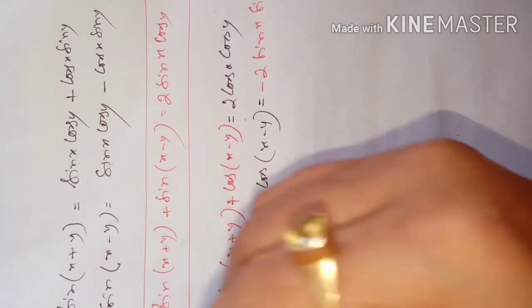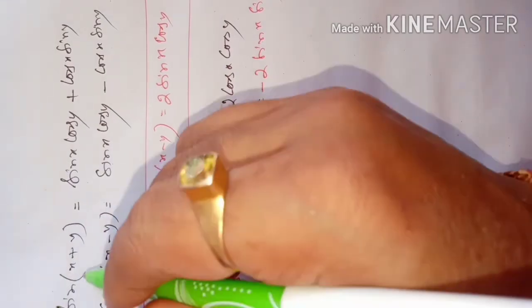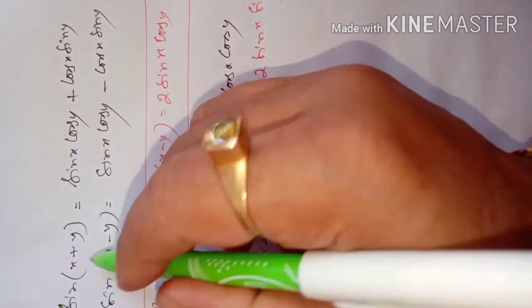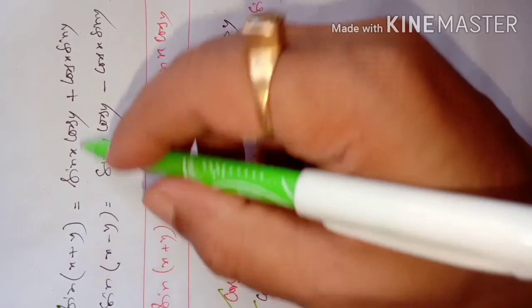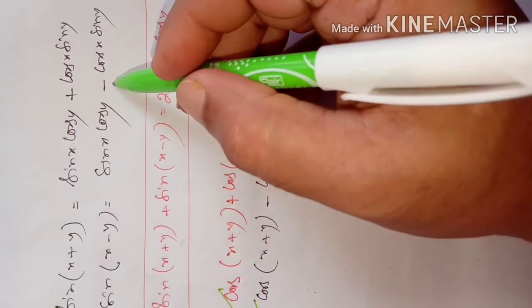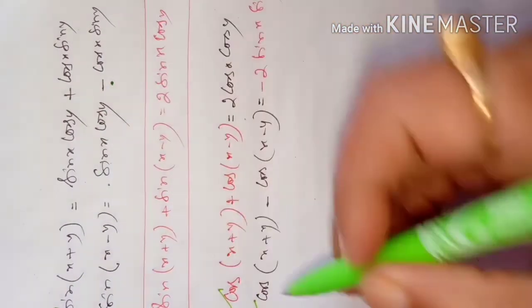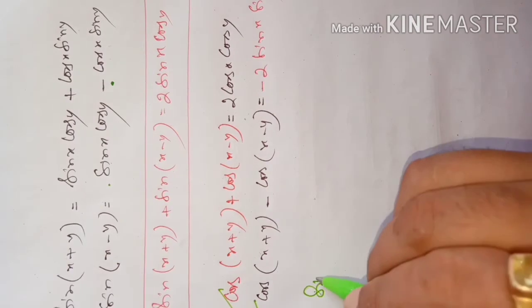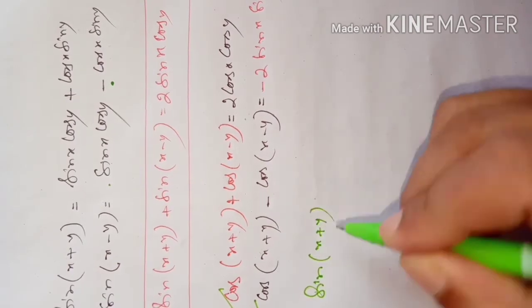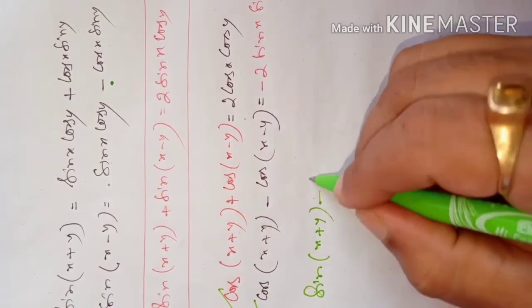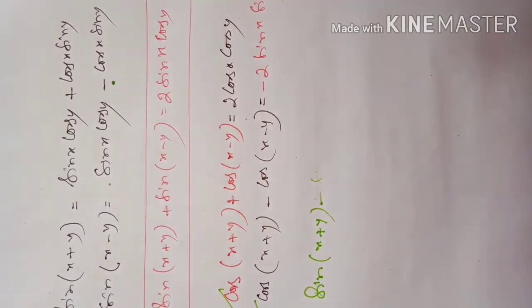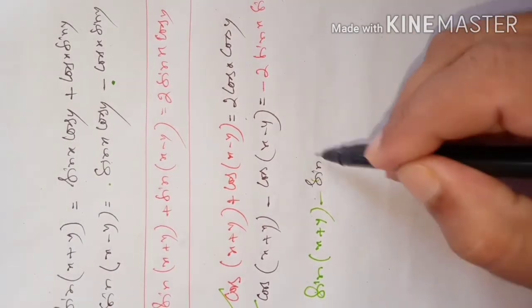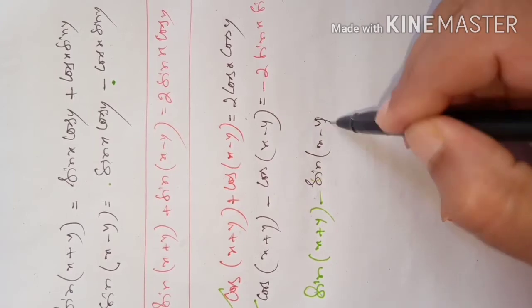Again, suppose you subtract sin(x minus y) from sin(x plus y). If you subtract, this will be positive, this will be negative. From there we can make it like this also: sin(x plus y) minus sin(x minus y). What shall we get?